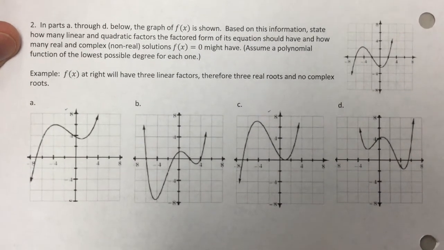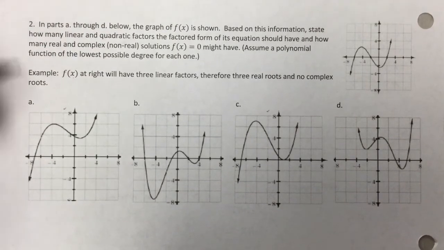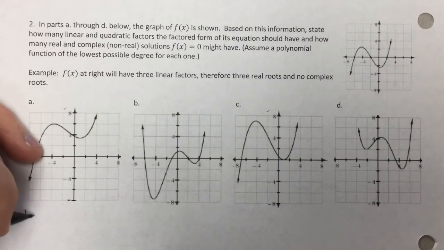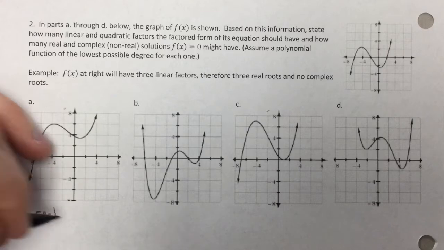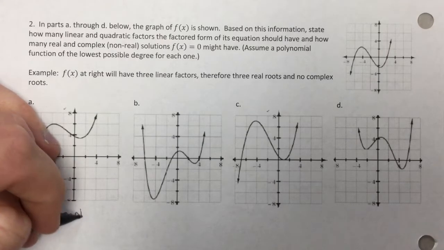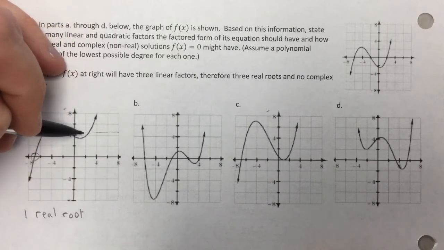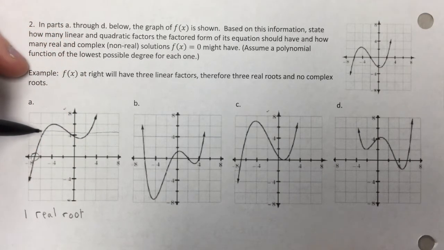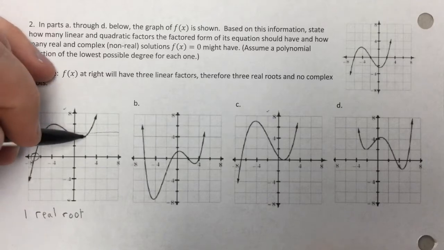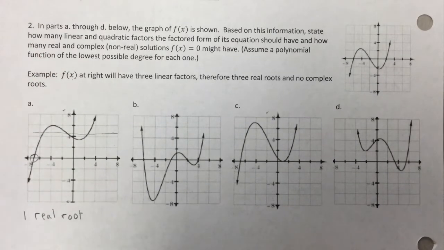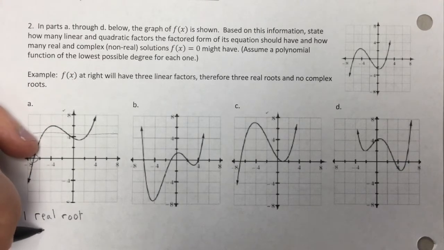So for letter A, it's crossing straight through right there. So that's 1 real root. However, if I drew a horizontal line here, that's telling me I should have 3 roots total, which means I would have 1 real because it's crossing and then 2 complex.